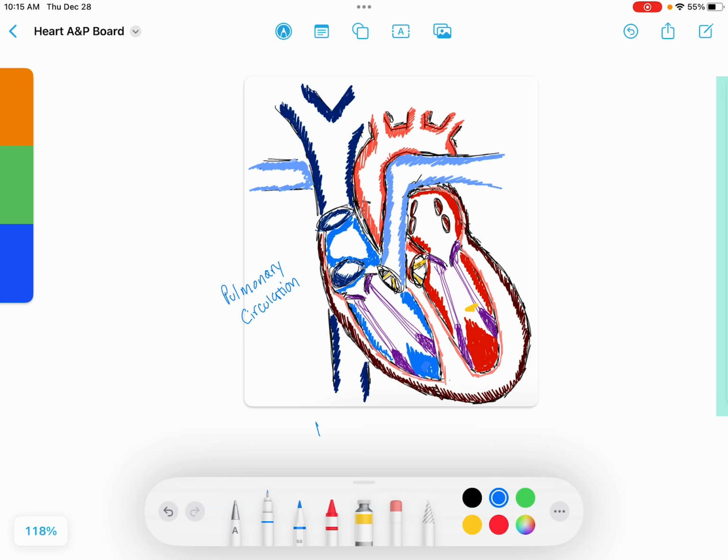We've got the superior and inferior vena cava. The inferior vena cava is bringing blood from the torso and the legs back up to the heart, whereas the superior vena cava is bringing blood from the arms and the head.